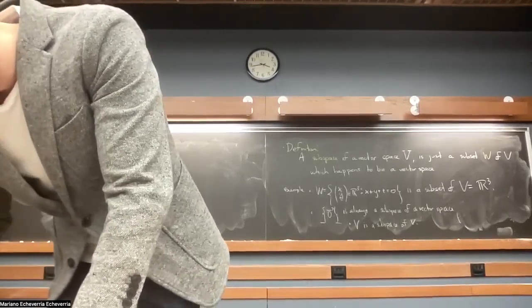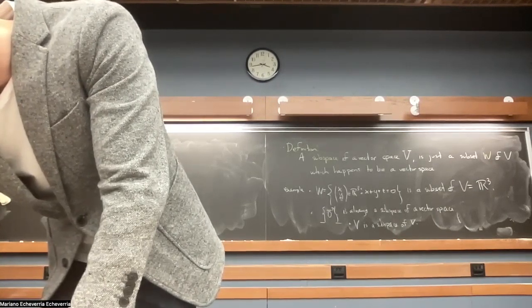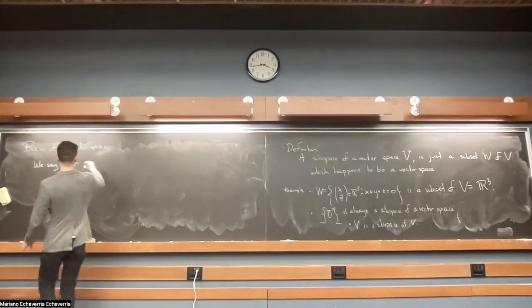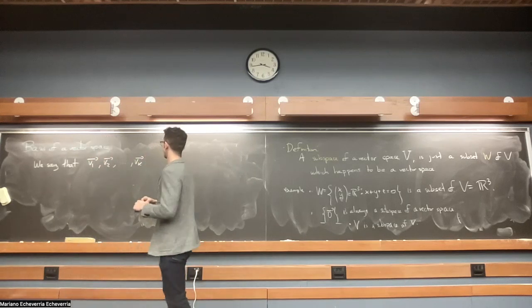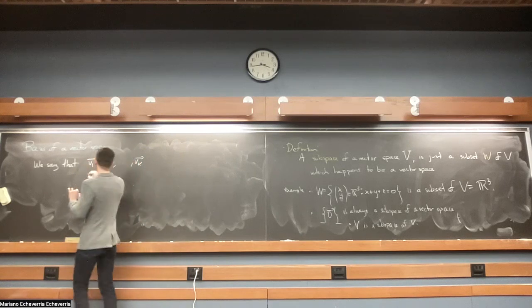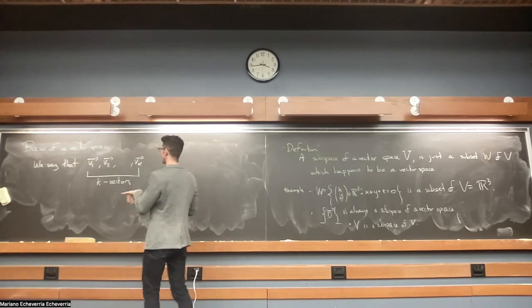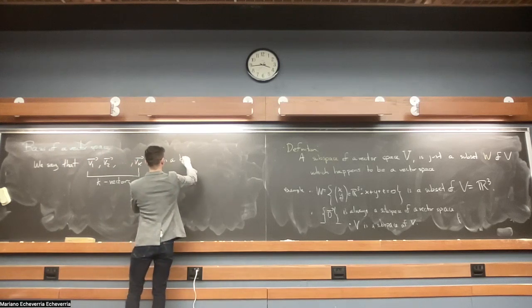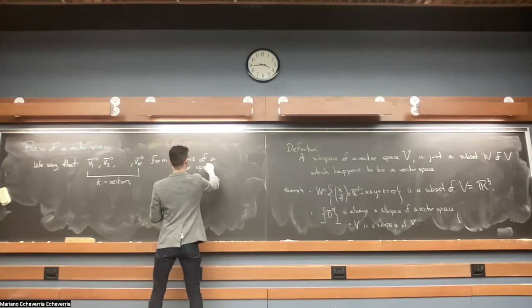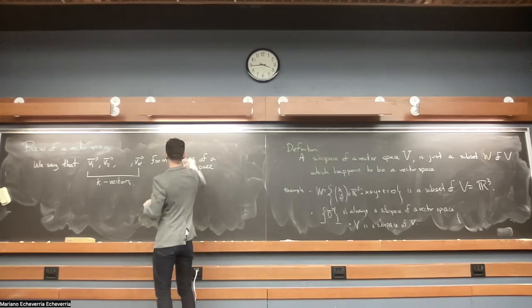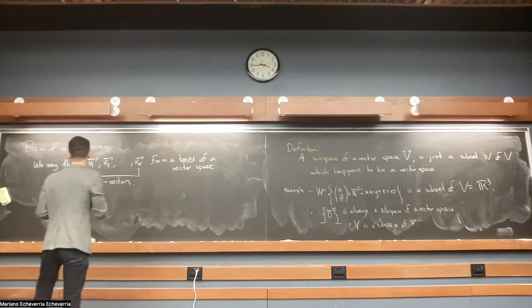Here we have k vectors, v1, v2, v3, up to vk. These form a basis of a vector space V if two things are satisfied.